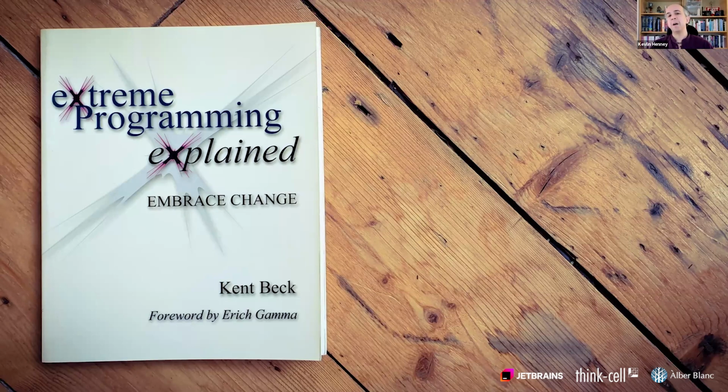XP was pretty much the approach that triggered the interest in agile development. Kent Beck and others formulated this approach in the mid to late 90s. Kent's name is often associated with it.